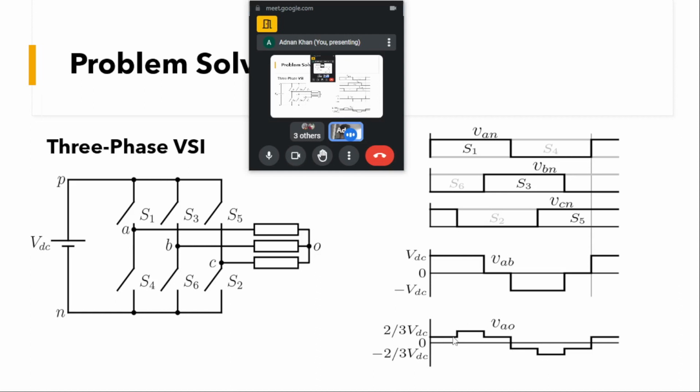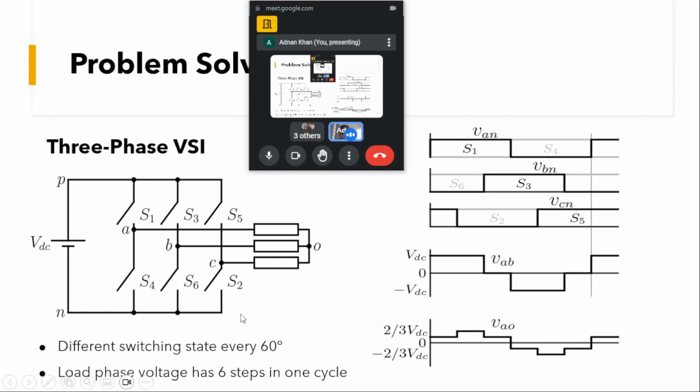So what we see here is overall we'll be getting the VAO. It will be a staircase type of thing where we have VDC to VDC by 3, and each of the steps is for 60 degree. That's why we call this phase voltage a 6-step wave as well. You can see that each step will be conducting for 60 degree of the time.